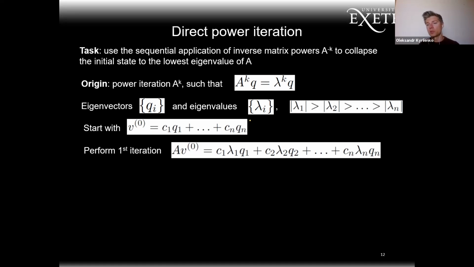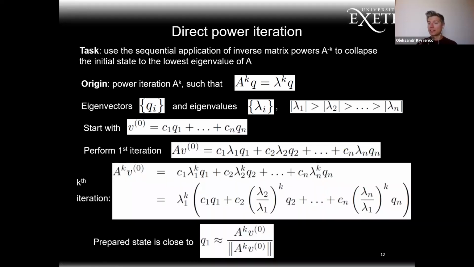Then it is a superposition of different eigenstates, each with a separate eigenvalue, and we can order them. If you act once with your matrix, you will get in front, with the coefficients, the eigenvalues lambda 1, lambda 2, etc.